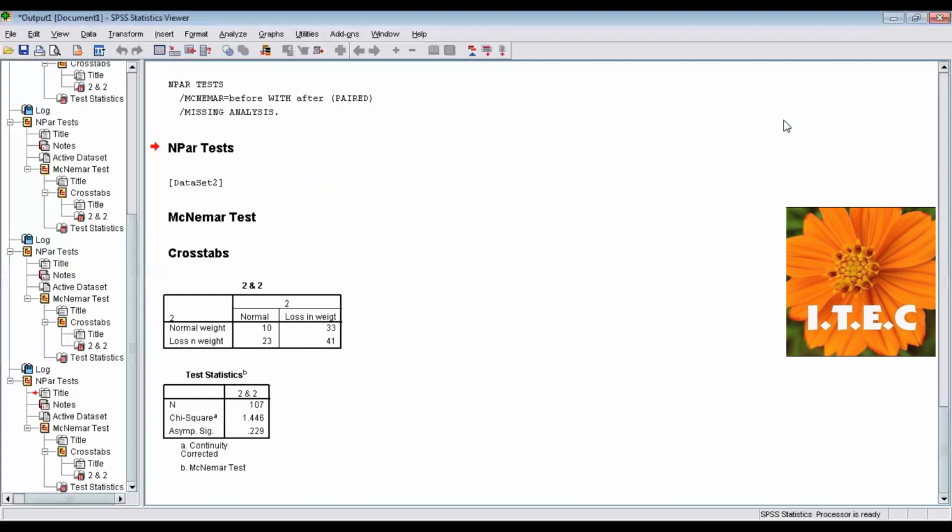Now it's not significant because it is still 1.446, at 22.9% error.